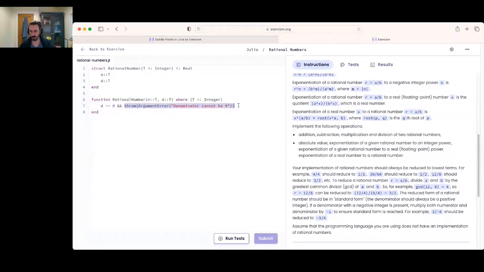So it will always throw this argument, but it also requires the left hand side to be true. So we could do this as if D is that, then throw argument error. Or we could just say D is equal to 0 and throw argument error.